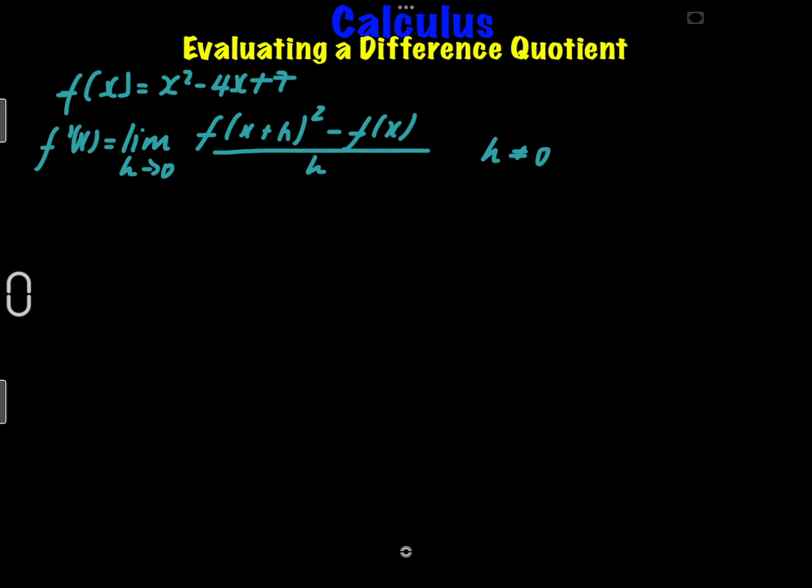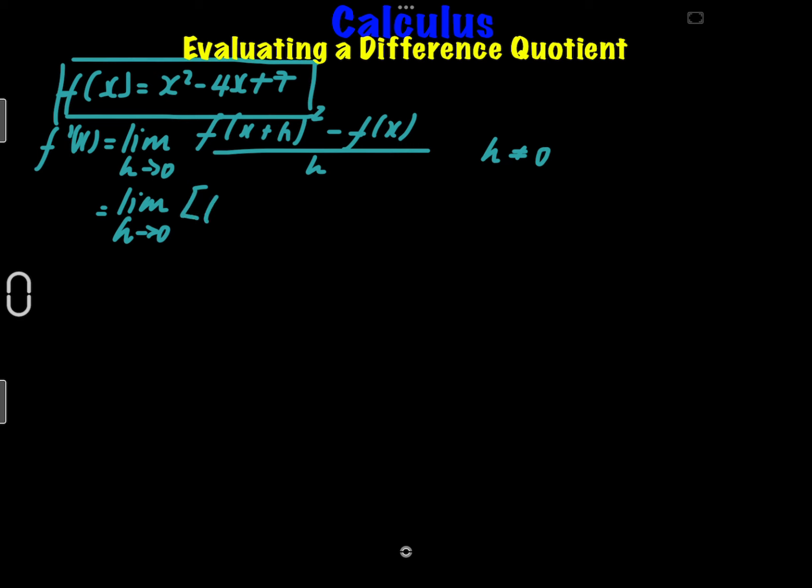Now we want to find the derivative of this function. Moving forward, we're going to have our limit as h approaches 0. Substituting this into our function, notice what happens.